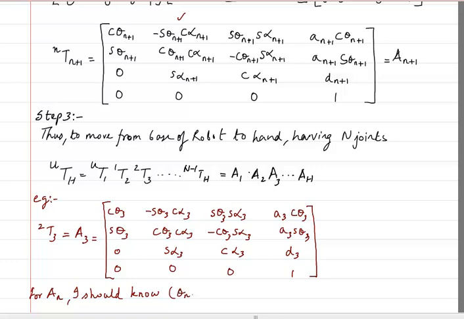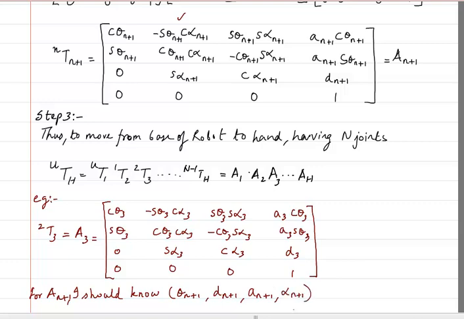That is, I should know theta n. I will write it as n plus 1 so that I don't get everyone confused. So for a n plus 1, I should know theta n plus 1. Similarly, the next translatory motion, d n plus 1, then a n plus 1, and alpha n plus 1.